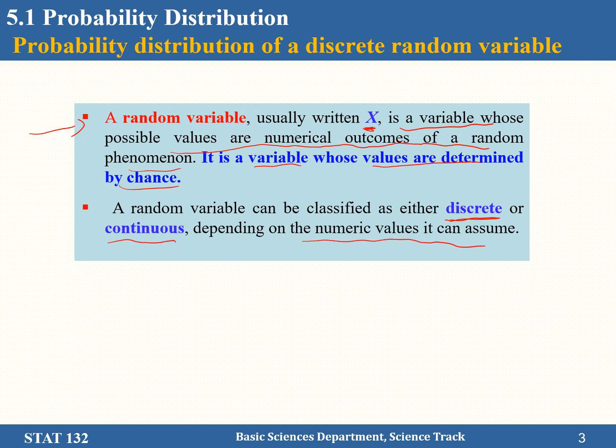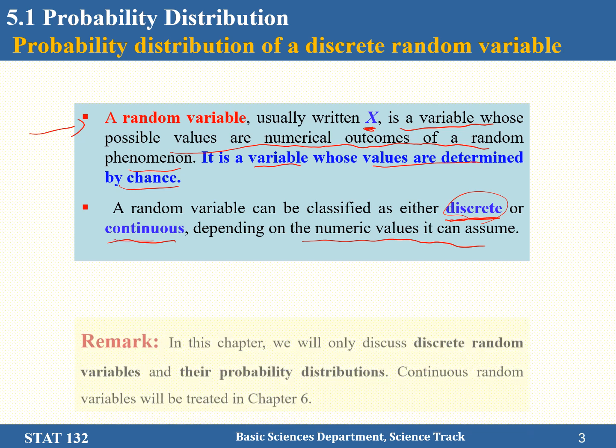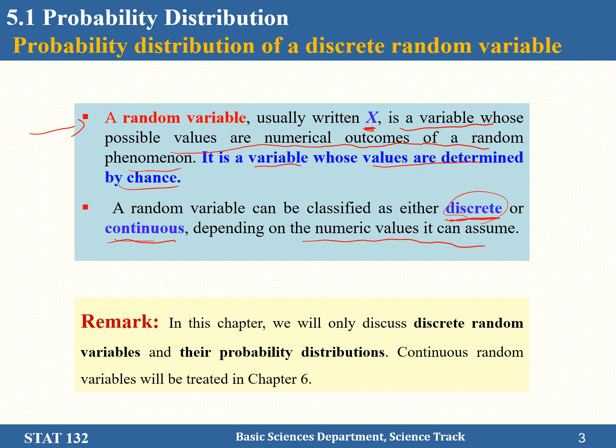If it takes values like 1, 2, 3, generally it's discrete, but if it takes values like 1.01, 1.001, it's generally continuous. In this lecture, we'll concentrate on discrete random variables and their probability distributions, but continuous random variables will be given in chapter 6.